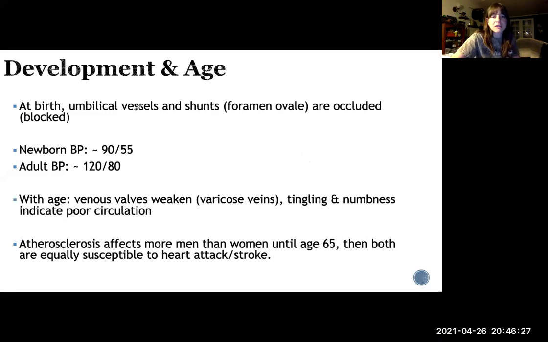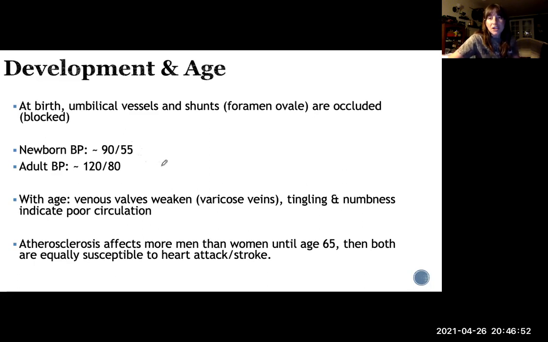So these different vessels and shunts, the foramen ovale is the technical term for that hole in the septum, are blocked, right, as they should be, and the blood flow is rerouted. A newborn's blood pressure is relatively low, or what we would consider to be low, 90/55.